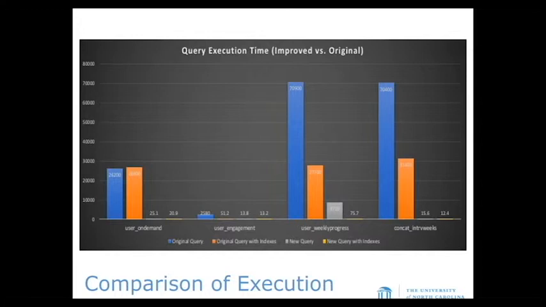So with the new queries and the indexed columns, there is a dramatic performance improvement. And at the front end, as a result, the report can be generated in a short time instead of 20 to 70 seconds.